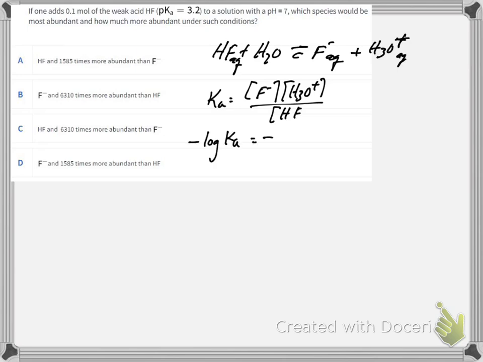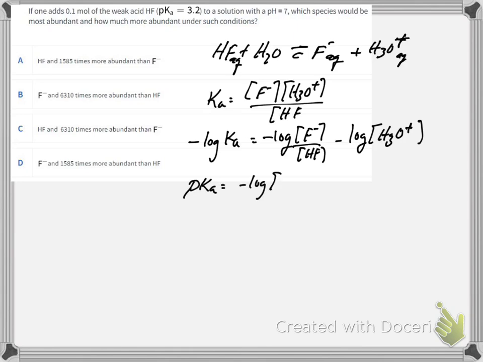And if we take the minus log of both sides and do some math work, we can develop the Henderson-Hasselbalch equation. Now, a lot of us are just going to start with this equation, so it's not so important that you derive it each time, but it kind of shows you where it's coming from. We're just looking at Ka.